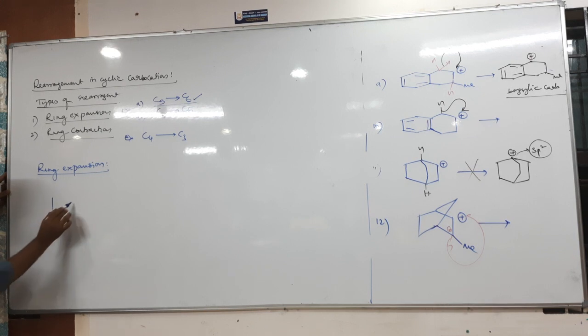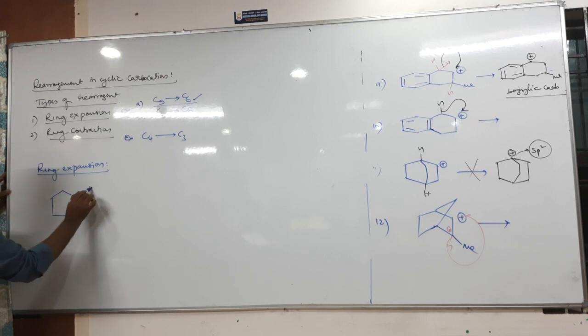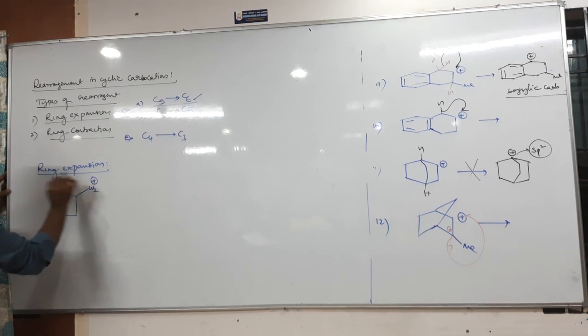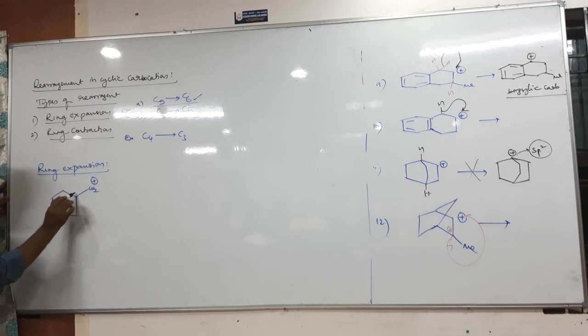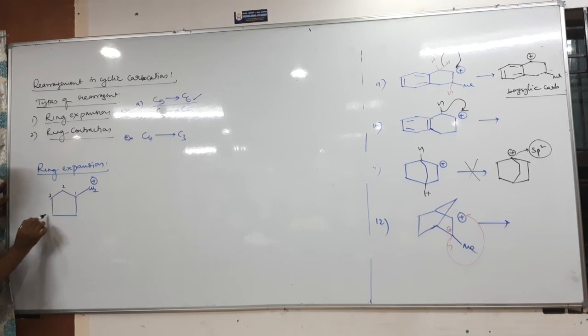Let us take a 5-membered ring, and it is a CH2 which has the positive charge. Listen carefully. I'll take this as carbon 1, 2, 3, 4, 5.